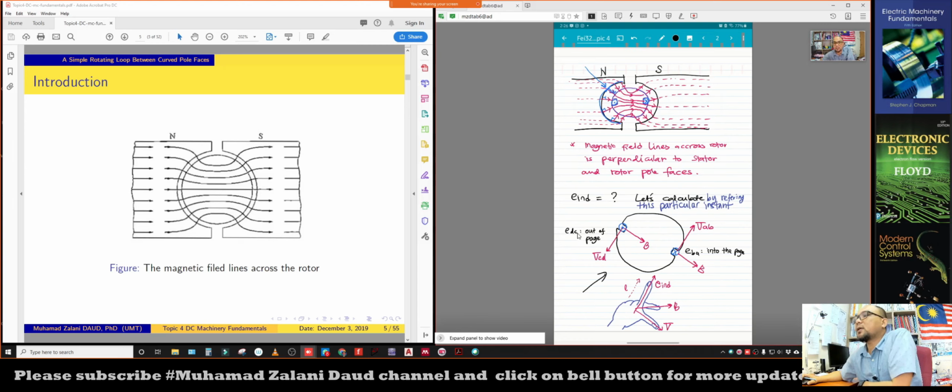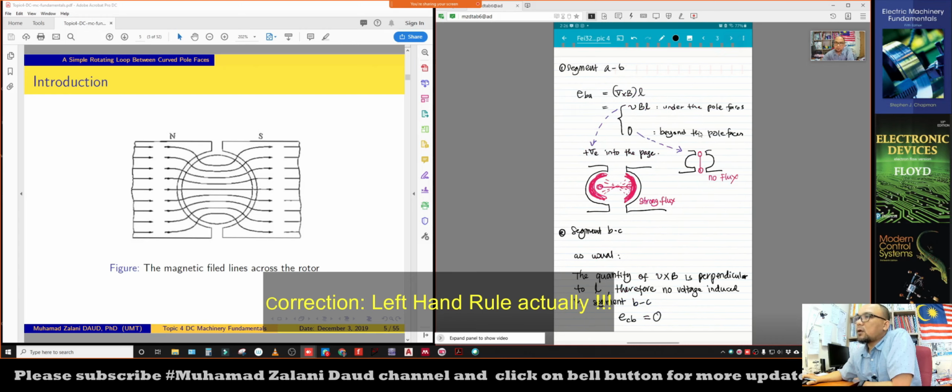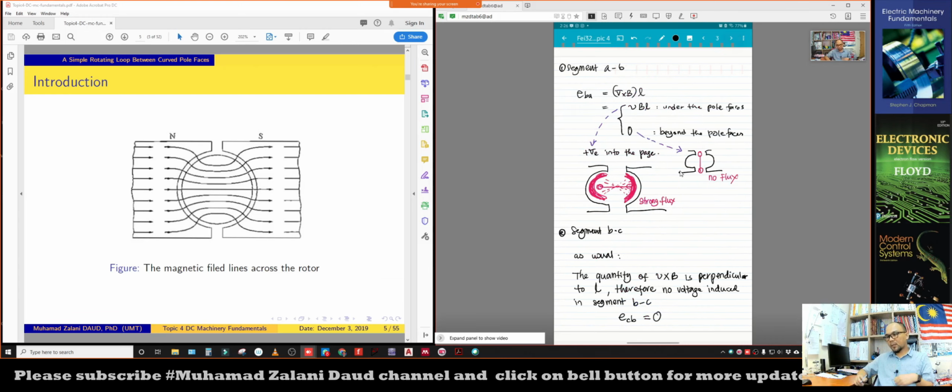At the CD segment, the induced voltage is out of the page using the same method, which is the right hand rule. All right, so now we already know the direction of the induced voltage for the AB segment and the CD segment. What we can do now is calculate the induced voltage at each segment so that we can compute the total ETOT, or total voltage induced across that wire loop.